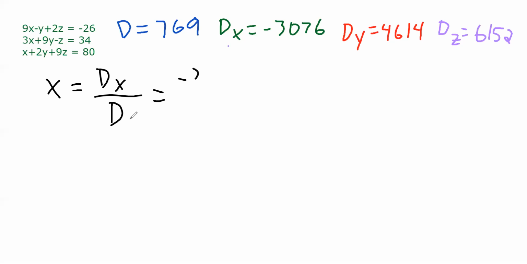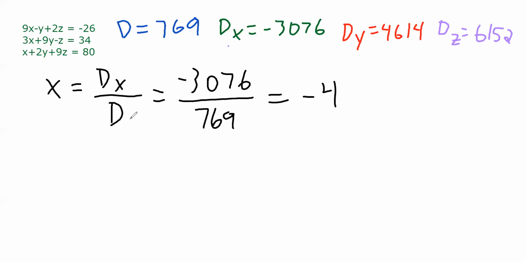So that's going to be negative 3,076 divided by 769, which will be a negative number. And now, yes, I'm using a calculator. It'll be negative 4.